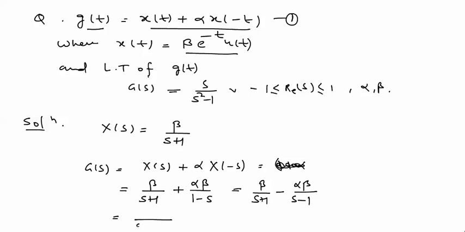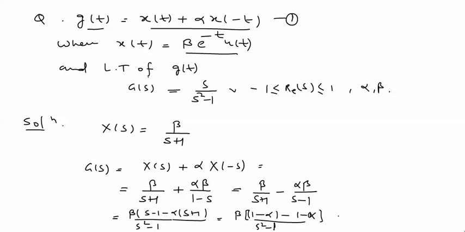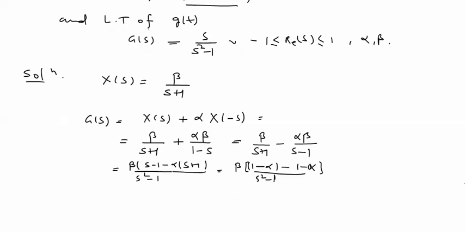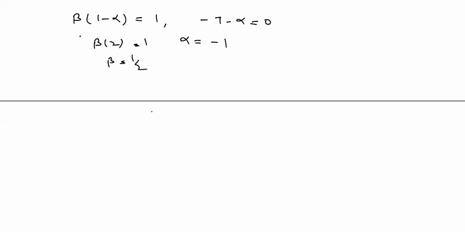By taking LCM we get this result, and now we compare with the given expression. By comparison we get these two values, alpha and beta. Minus 1 minus alpha equals 0, so alpha equals minus 1, and 2 beta equals 1, so beta equals half. We get the result.